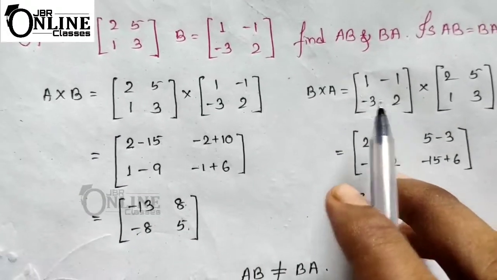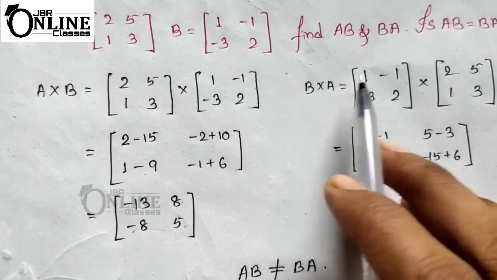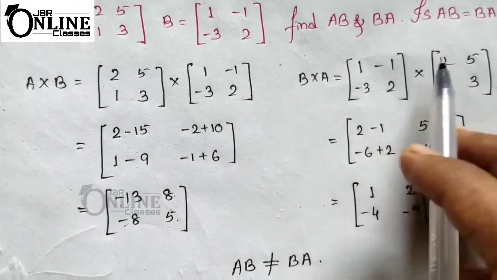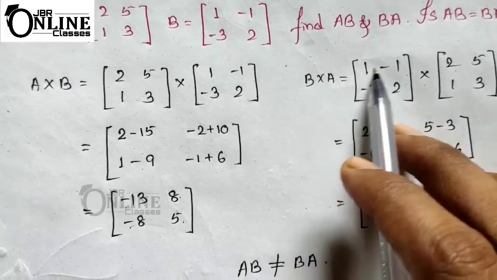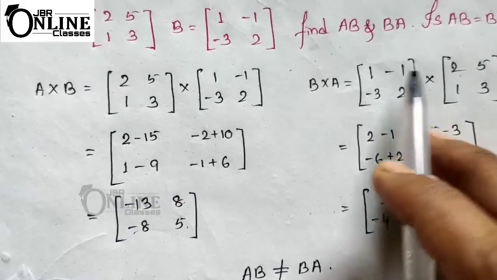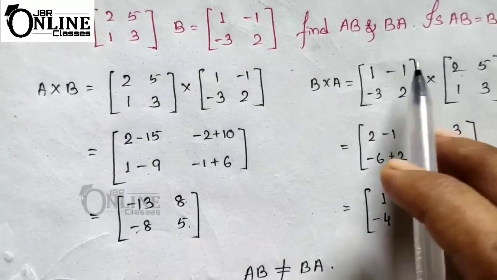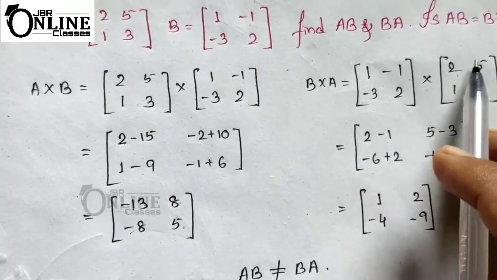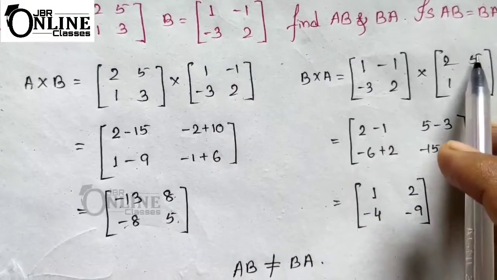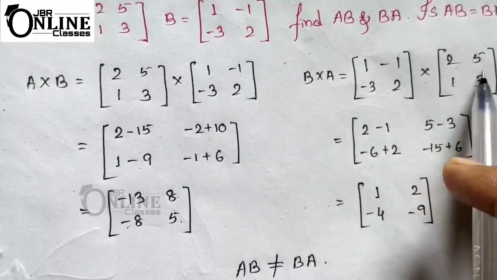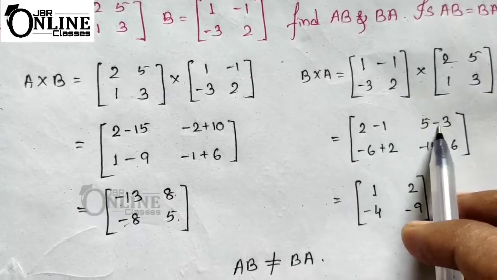Now you have to find out BA. For BA, first write down the B matrix and then the A matrix. First row first column: 2 into 1 is 2, 1 into minus 1 is minus 1. Then first row second column: 5 into 1 is 5, 3 into minus 1 is minus 3.